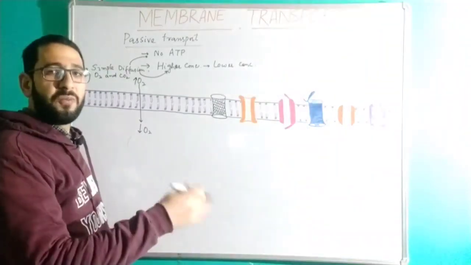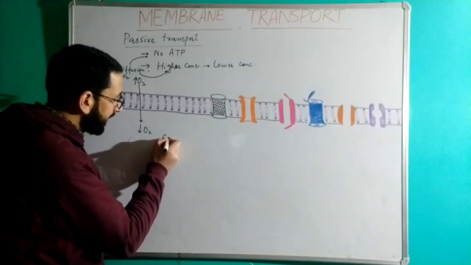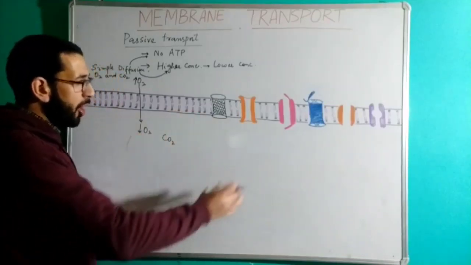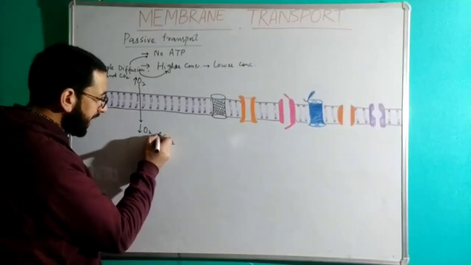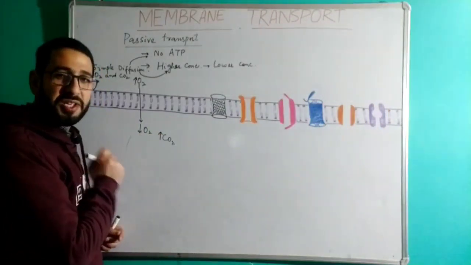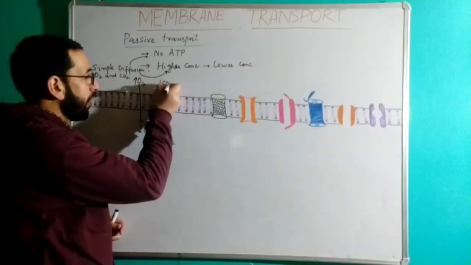And when this oxygen is being utilized inside the cell for different metabolic processes, during those processes we are forming a byproduct, and that is carbon dioxide. So we are forming a lot of carbon dioxide inside the cell. So definitely carbon dioxide is going to be in higher concentration inside the cell, and in lower concentration outside the cell.